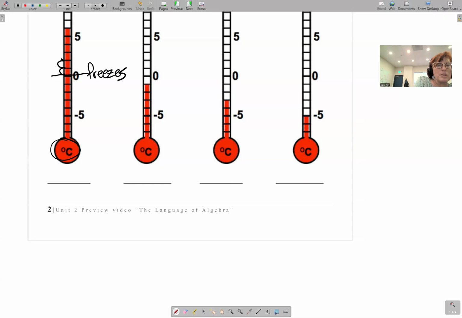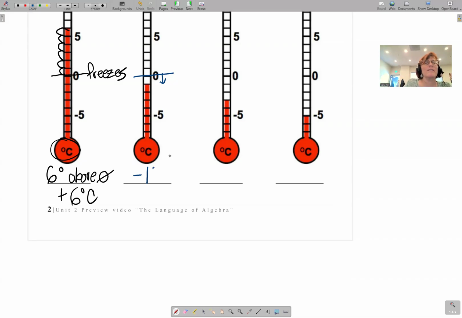This would be 6 degrees above 0, or simply plus 6 degrees Celsius. This one, here's 0, and we go down 1. Because it's below 0, we would write -1 degrees Celsius.